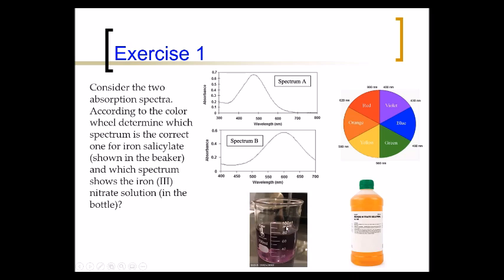That's going to be which spectrum? B, yes, where the maximum absorptions go mainly from 550 over here to 650. If you look over here from purple, 550 to 650 is in this yellow-orange range of absorption. So you can identify the spectrum based off of the color wheel. It's usually the opposite side of the wheel from where the maximum absorption is going to occur.